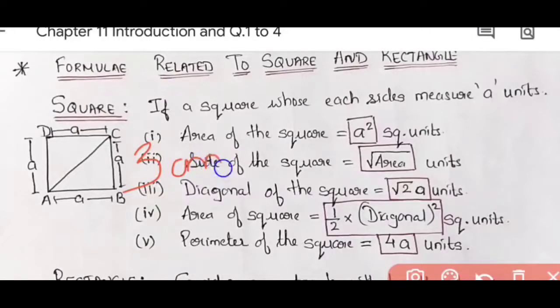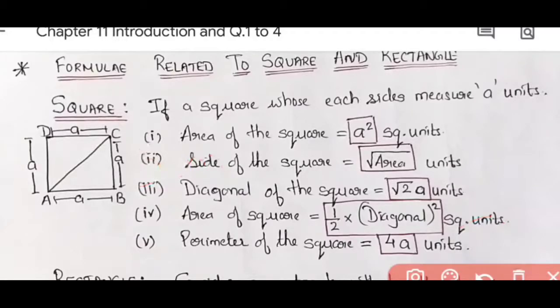Diagonal of the square is equal to root 2 into a. And what is a? Here it is 3. So your answer will be 3 root 2 centimeter. Now moving to the fourth part, that is area of square.